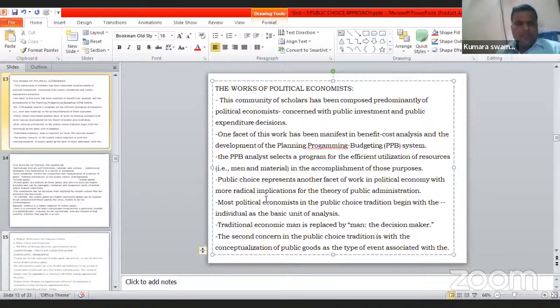So most of the economists, political economists in the public choice tradition, began with the individual as a basic unit for the analysis. And the second concern of the political economist in the public choice tradition is with the conceptualization of public good as a type of event associated with the services of people.